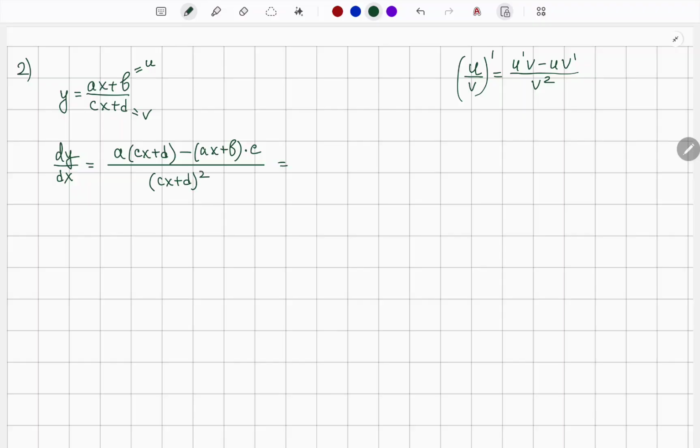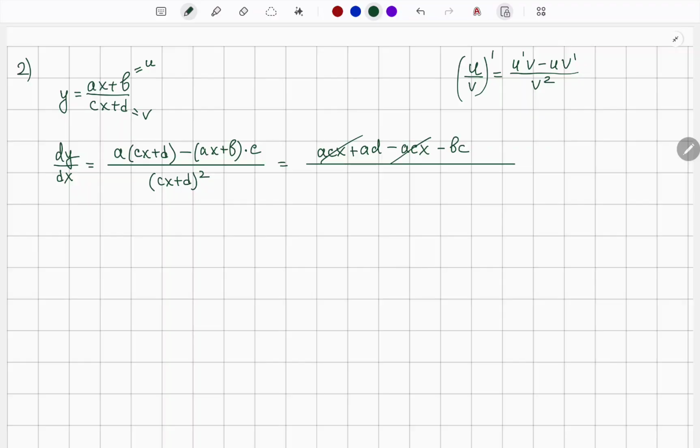So the most interesting stuff happens when you open the brackets and combine like terms. Okay, let's do it. acx plus ad minus acx minus bc. Of course, x terms disappear right away.